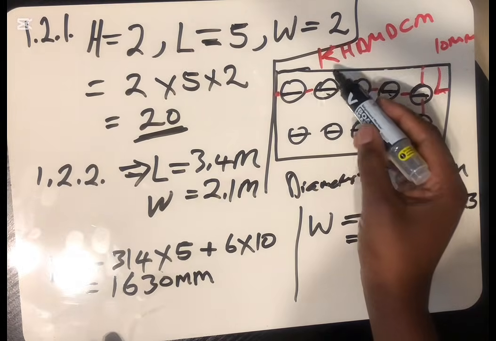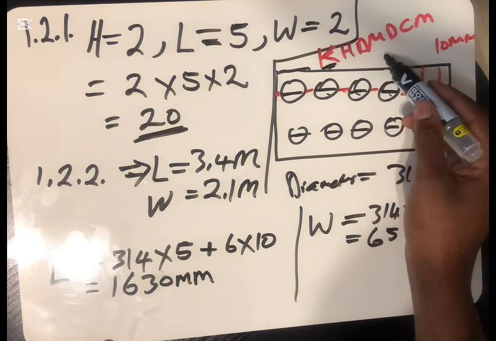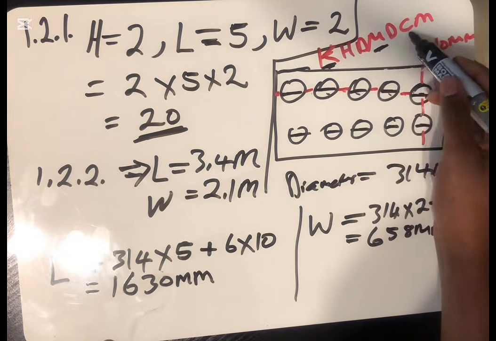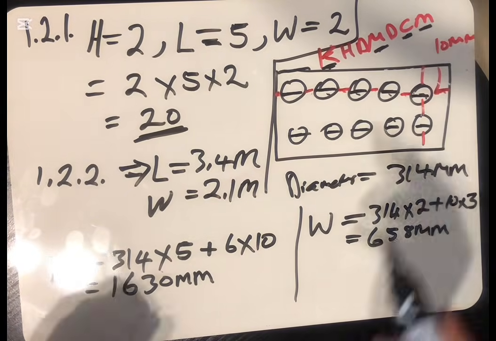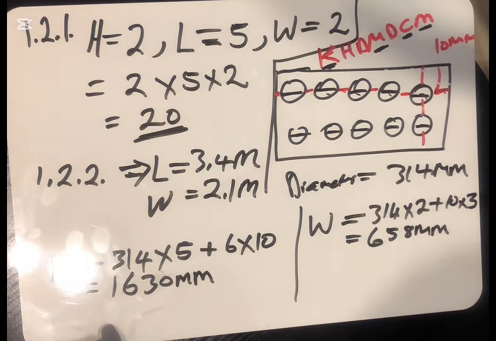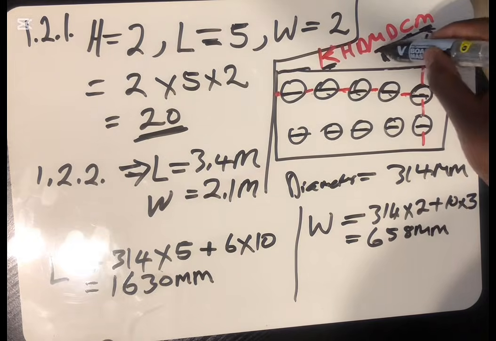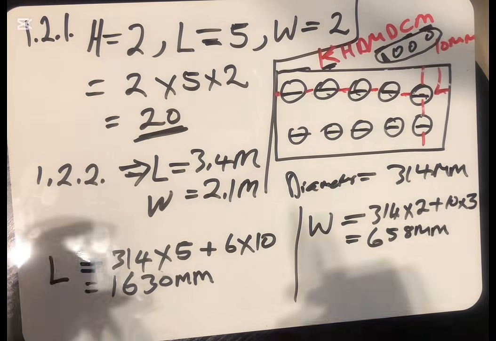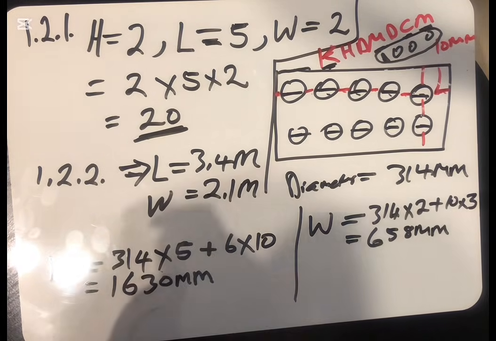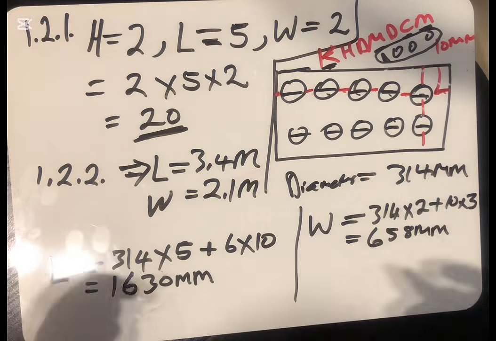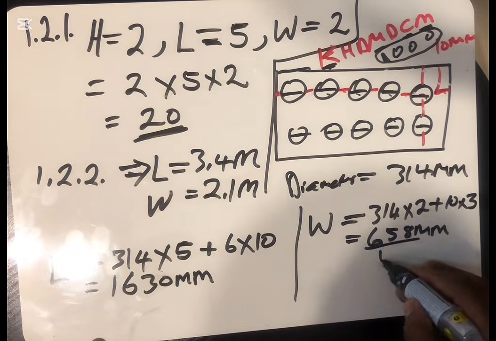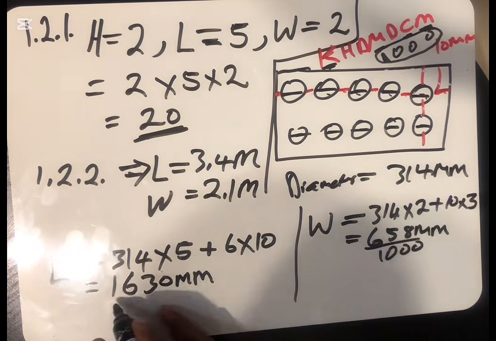We concentrate on what we use in class. So now we are converting from millimeters to meters. The conversion factor is 1000. For meters we divide by 1000. So I want us to divide everything by 1000 here.